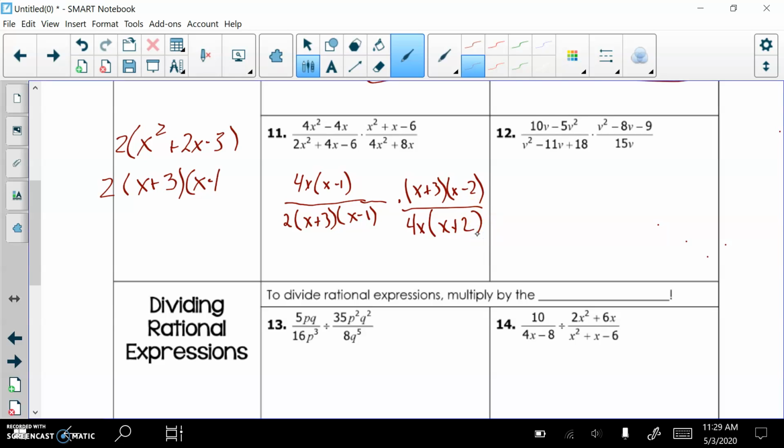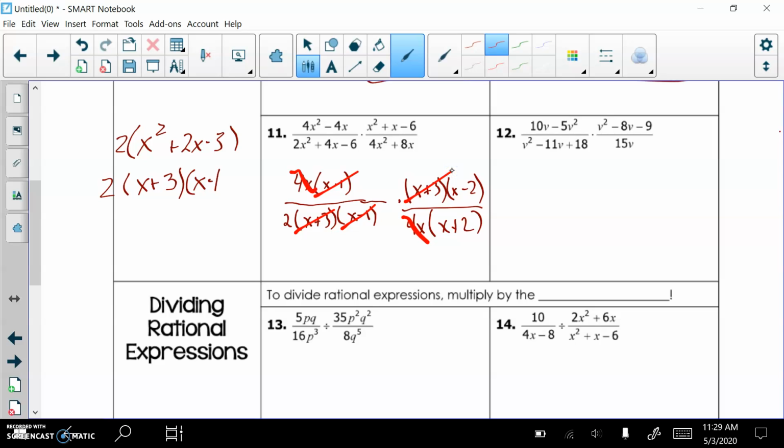Okay, so now we play the game that we played literally one of the first days of school this year, and that is you can simplify vertically and diagonally, but never horizontally. So I can take this 4x out and this 4x out. I can take this x minus 1 and this x minus 1. I can take this x plus 3 and this x plus 3.